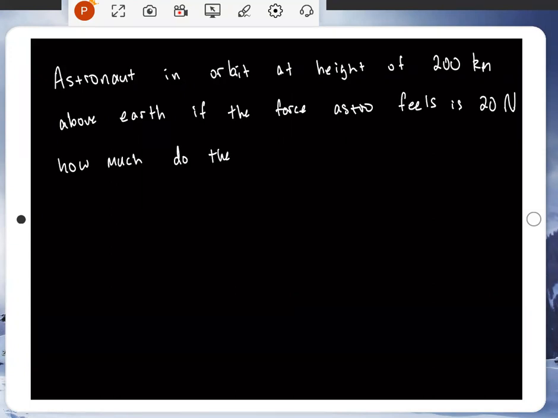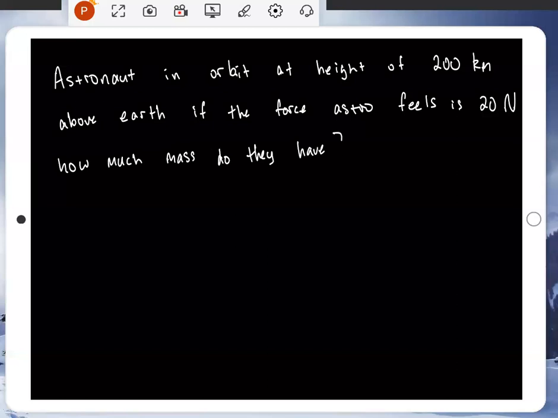So why don't you take a minute, or you can tell me what to write down, and try to solve this one. How much mass do they have? So whatever you want to do, if you want to do it on your paper, or just tell me what to write down.